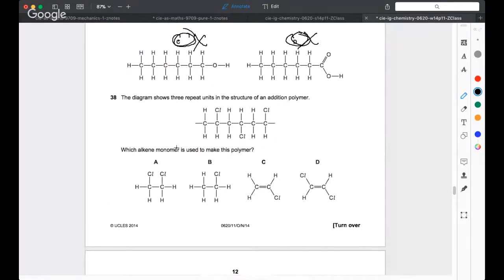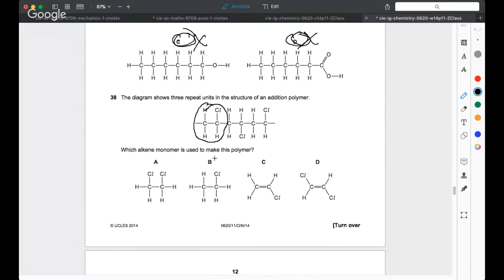Number 38. So you have 3 repeating units in this structure. So we can immediately find out that 1 repeating unit is that. So in this repeating unit, we have only 1 chlorine atom.